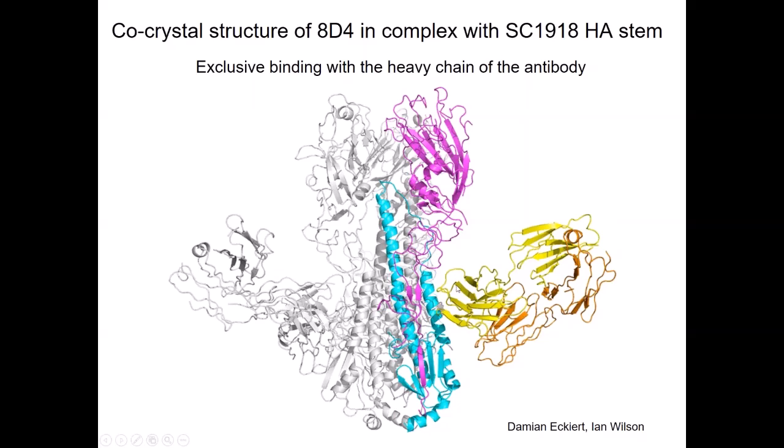This is a typical stem antibody. Crowe and Wayne Marasco are two different groups that identified this type of antibody a number of years ago. Typically the canonical antibody interacts only with the heavy chain, shown here in the Fab in yellow. The light chain is not really involved. The reason is there is a canonical antibody variable gene, VH1-69, that encodes a hydrophobic loop, which sticks into a shallow hydrophobic pocket in the stem.